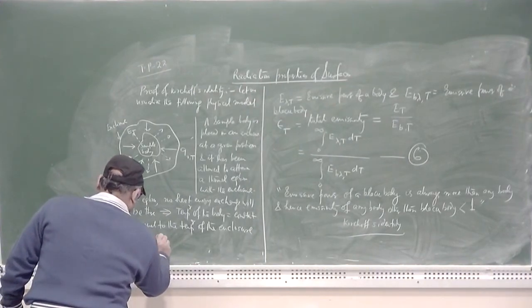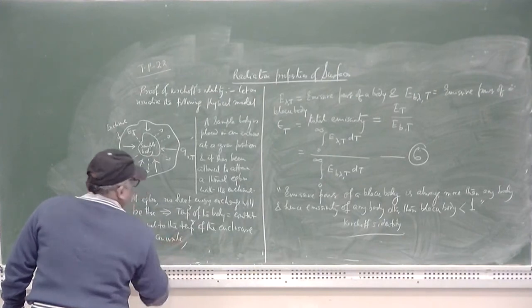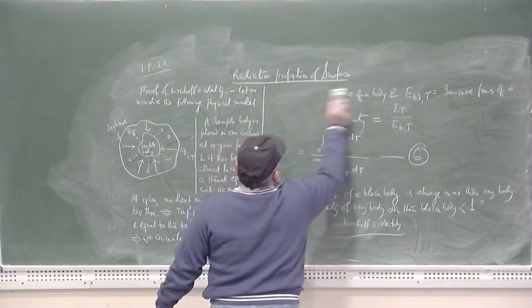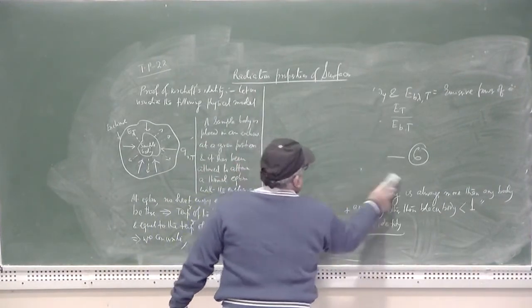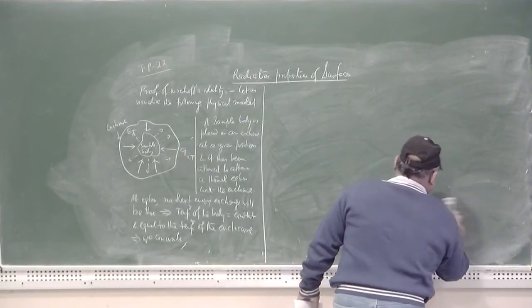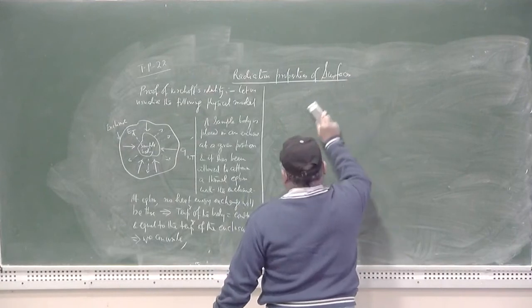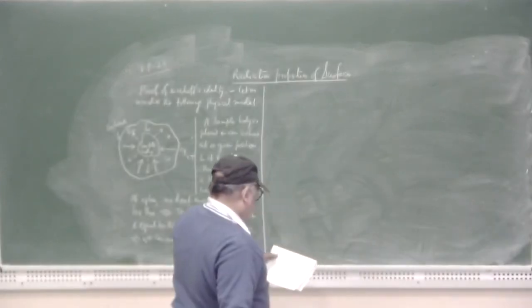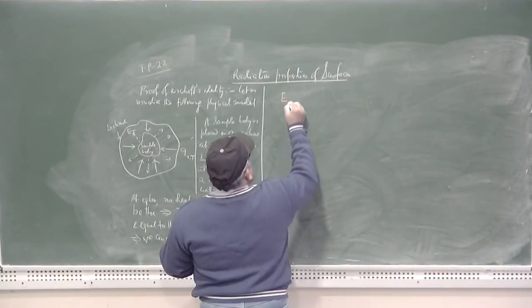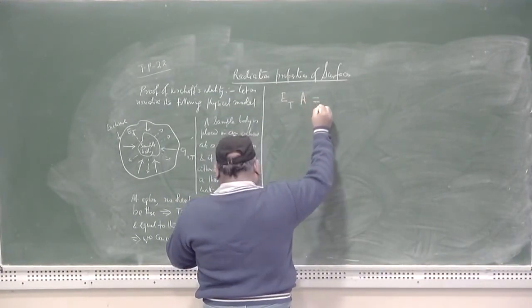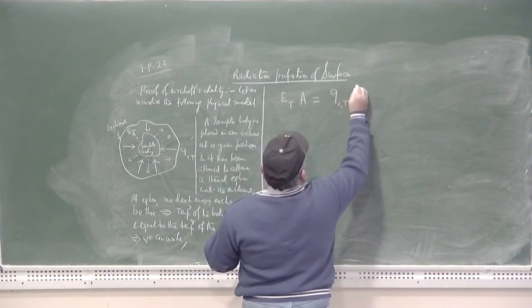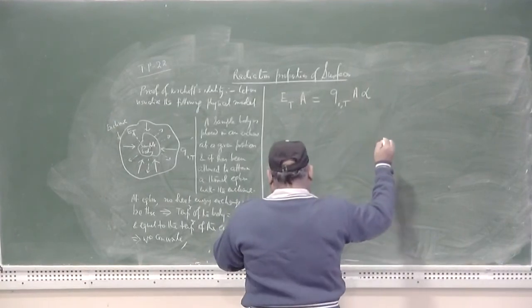So we can write E t into A can be written as Q i t into A into alpha.